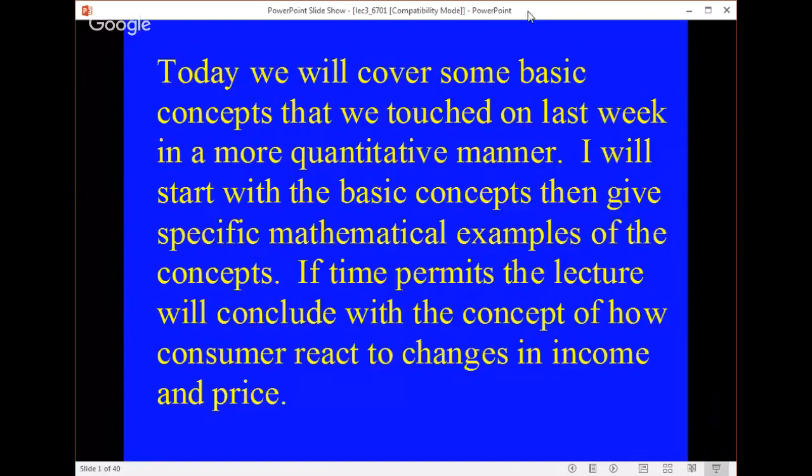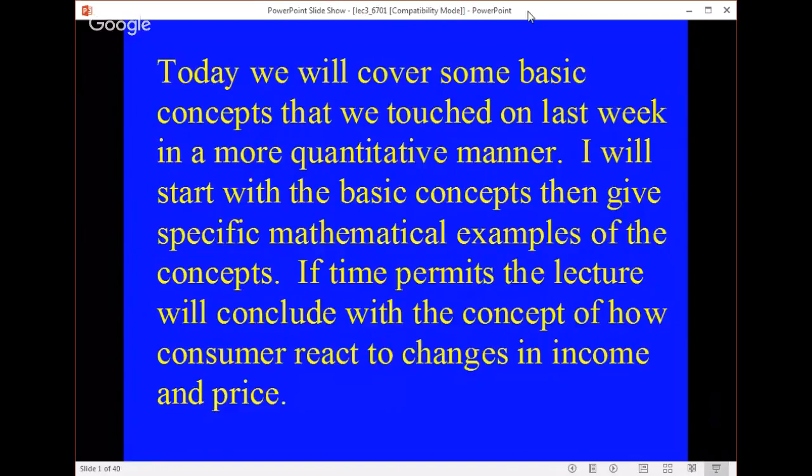All of that is equal to lambda. And then, as we saw last week, I can rewrite this as the partial of u with respect to x over the partial of u with respect to y is equal to px over py.